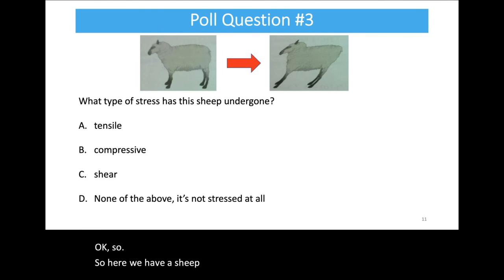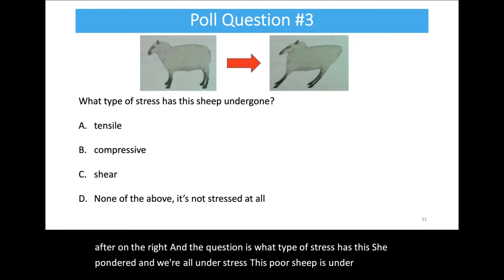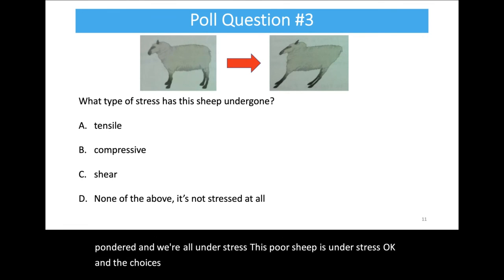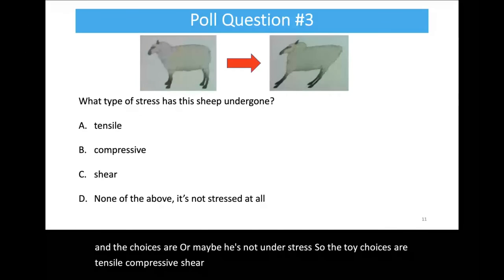You can see the before on the left and the after on the right. And the question is, what type of stress has this sheep undergone? We're all under stress. This poor sheep is under stress, or maybe he's not under stress. The choices are tensile, compressive, shear, or none of the above. The sheep's not stressed at all.